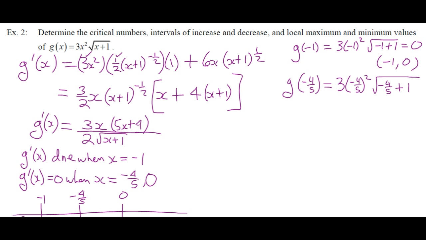And who makes these numbers up? What does that give us? Okay, so negative 4/5 and 48 root 5 over 125, once I rationalize the denominator, right?